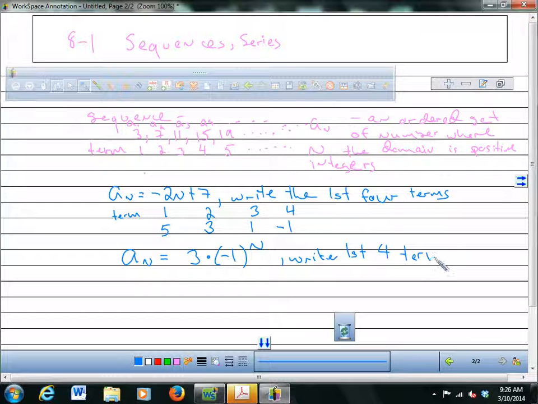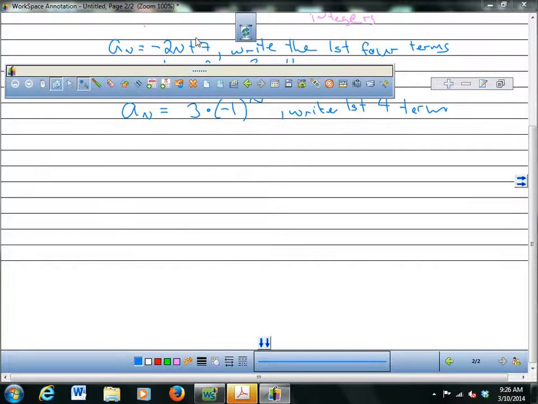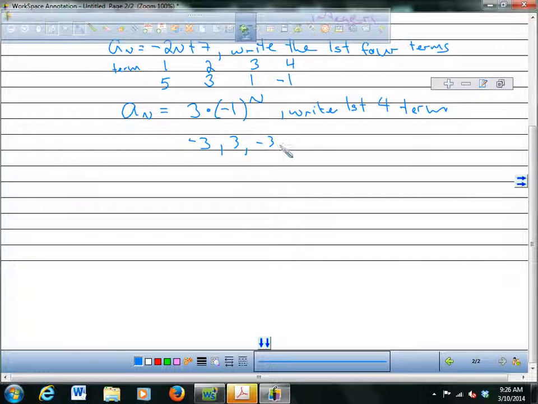Could you do that? What would be the first term? Negative 3. What would be the next term? 3. The next? Negative 3. The next? 3. That's kind of a weird one, huh?